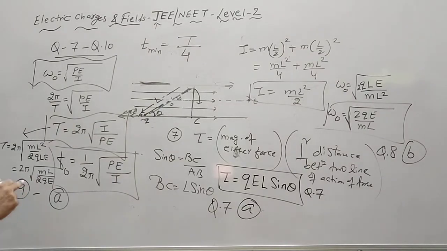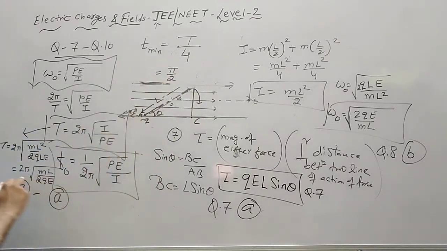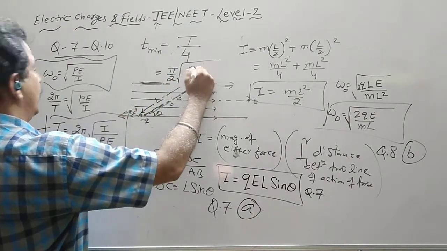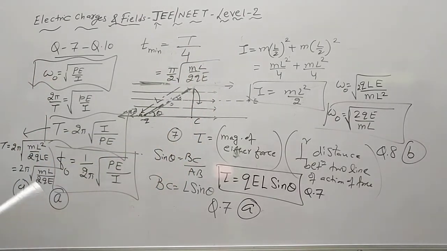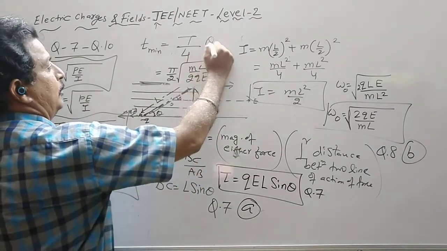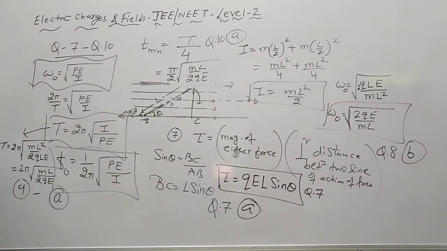So we divide this time period, that is question number 9, by 4. So it will be equal to pi by 2. I divide this by 4, and the value in under root remains the same. So the minimum time is pi by 2 under root ml upon 2QE. That is question number 10, and the option is A.